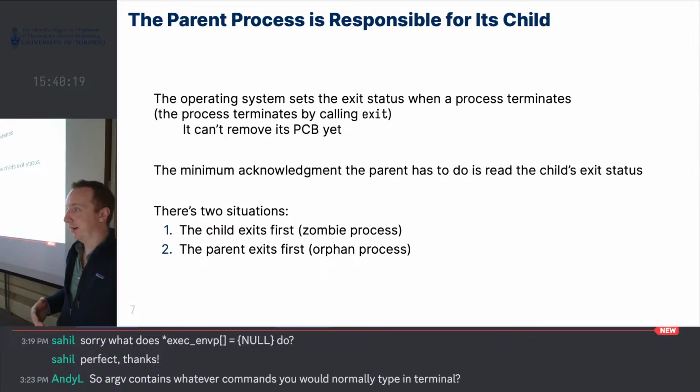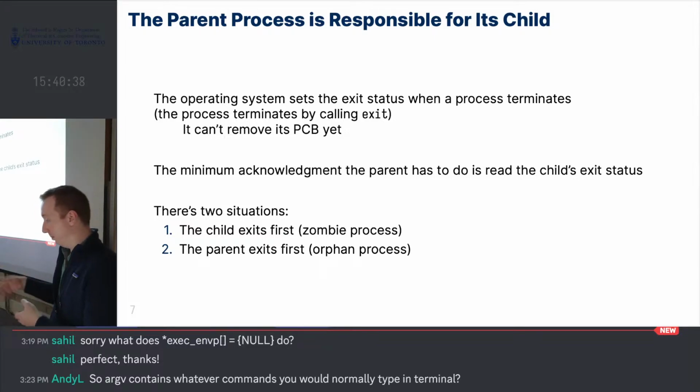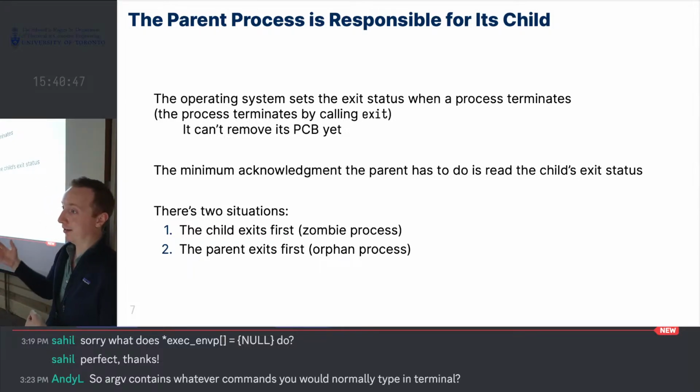Otherwise, you might think, well, I have a child, I know its process ID, why don't I just poll it over and over again to see if it's still alive? Well, that doesn't quite work, because what happens if my child has a process ID of 60, I look to see if it's alive, and then before I recheck process ID 60, my child exits, and it's immediately cleaned up?